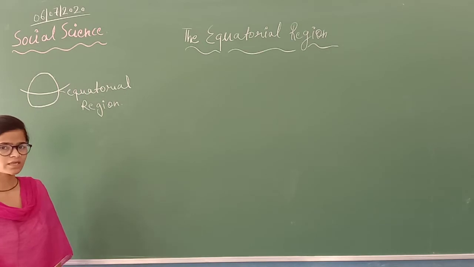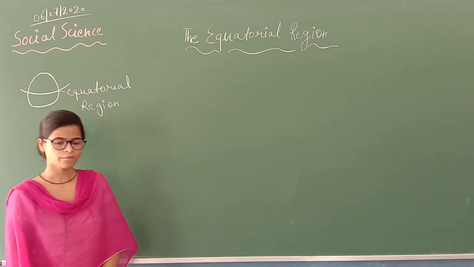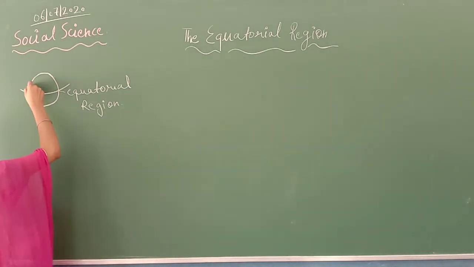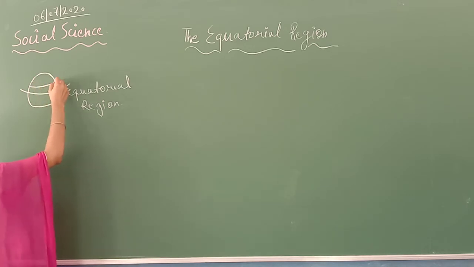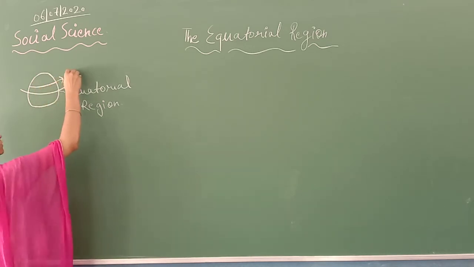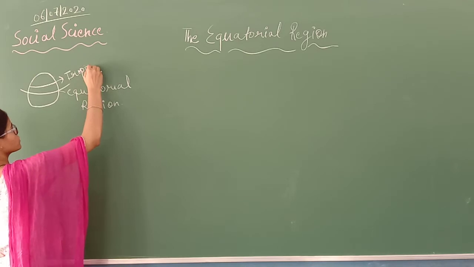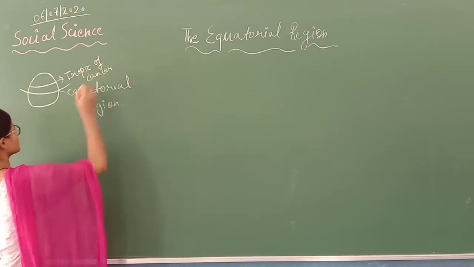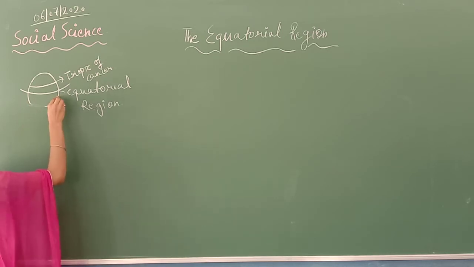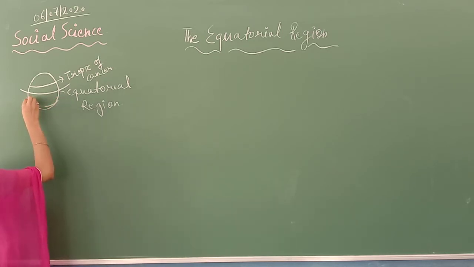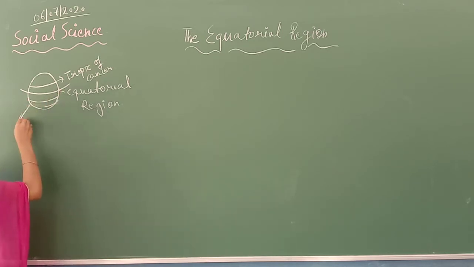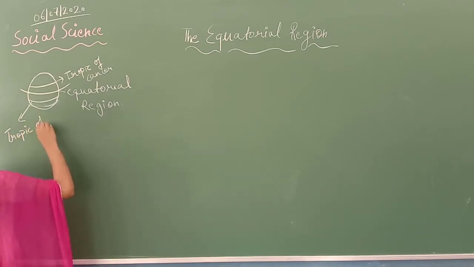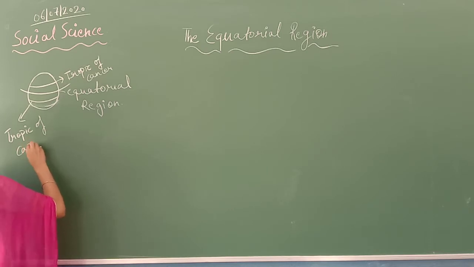Where is it located? It is located between this line, the Tropic of Cancer, and here this line is the Tropic of Capricorn.